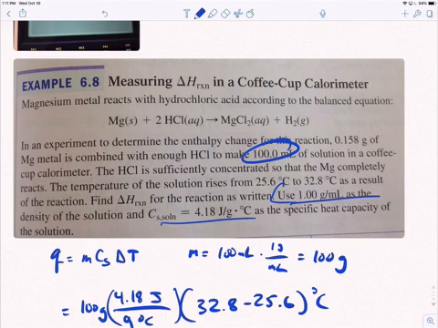Anyways, so here you're looking for the delta H of the reaction. Similar to the bomb calorimeters, we're going to look at the heat flow. So we do the reaction inside a beaker, and we get the heat flow from that, and it gives you the mass of the magnesium, 0.158. This is also a limiting reagent problem, but we have an excess.